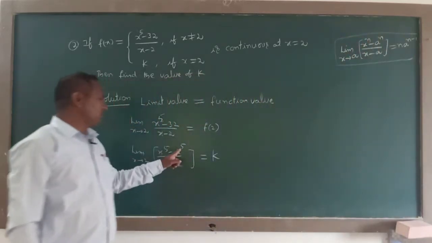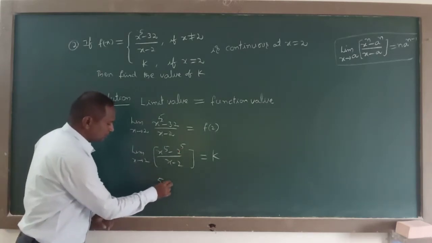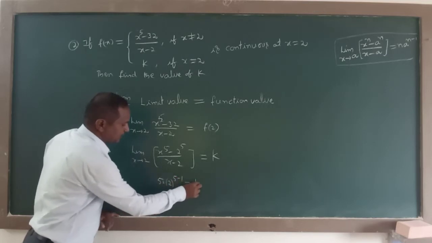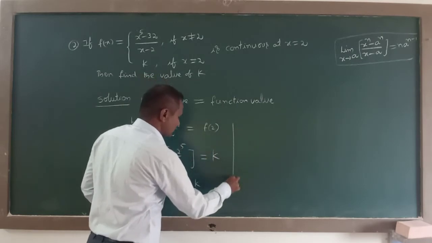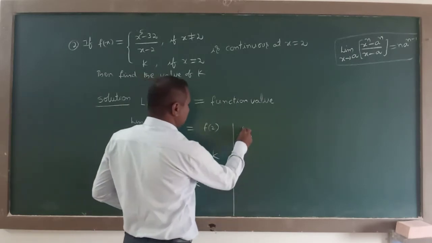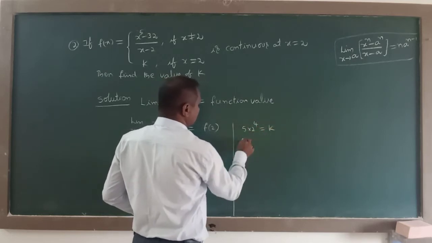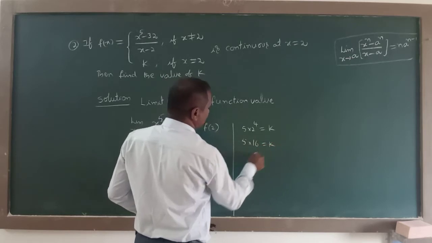Instead of n we have 5, so 5 into 2 to the power of 5 minus 1 is equal to k. That is 5 into 2 to the power of 4 is equal to k. 5 into 16 is equal to k.